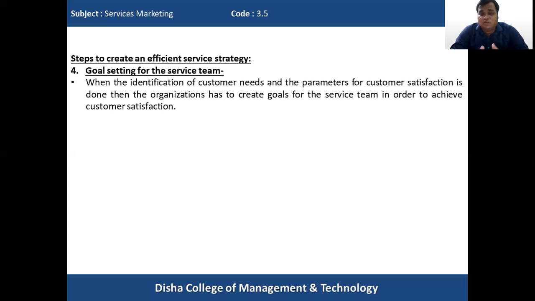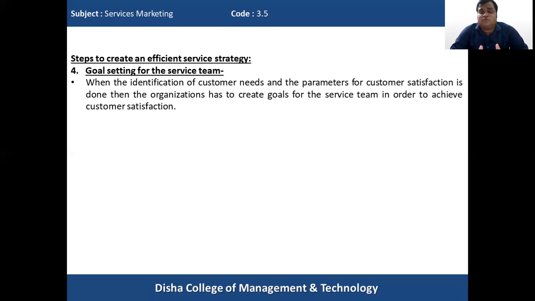So proper, effective goals should be decided for the service team in order to see that the service team is able to achieve the customer satisfaction. How can they achieve the customer satisfaction? By giving the service as per the expectation of the customers.